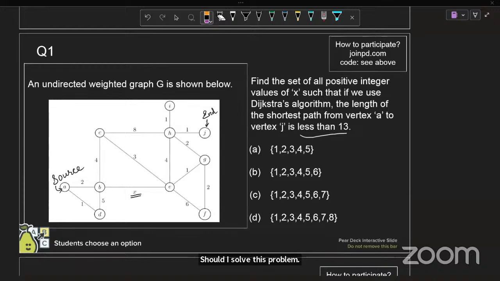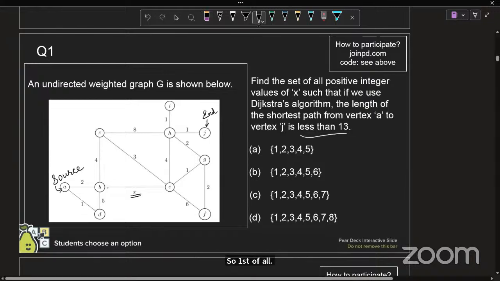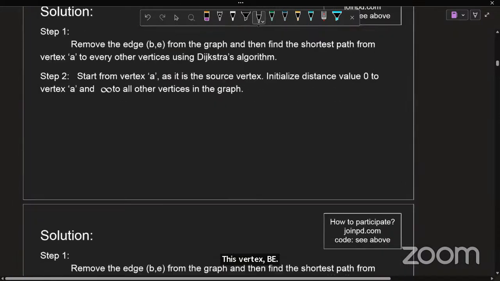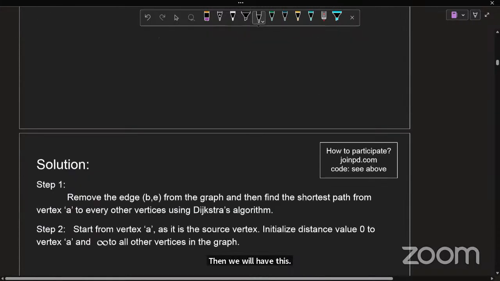So first of all, we will remove this vertex, this edge BE. Then we will have this. Okay.